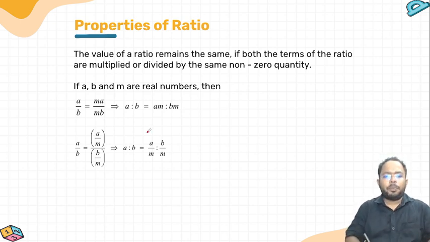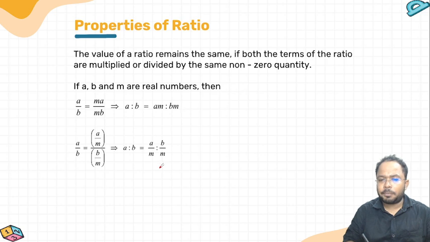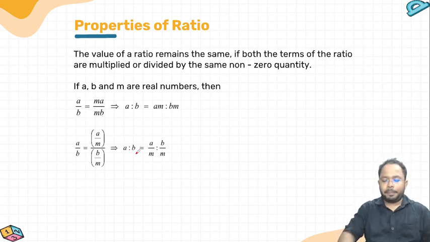So we are multiplying M on the numerator as well as the denominator. Since M is multiplied on both, the ratio didn't get affected. Similarly, if we divide, the same way we multiplied, we divide it as A by M, B by M. The ratio once again remains the same.